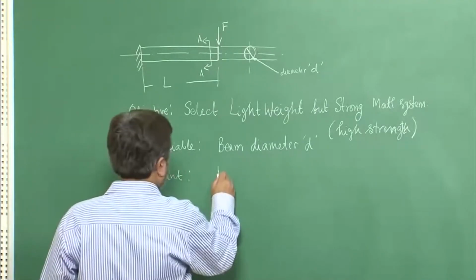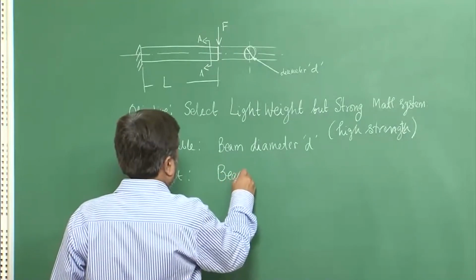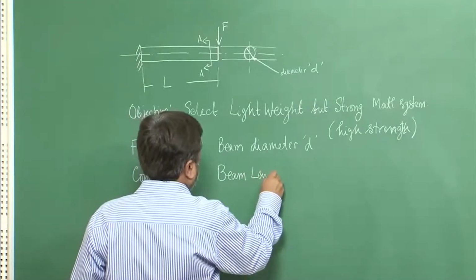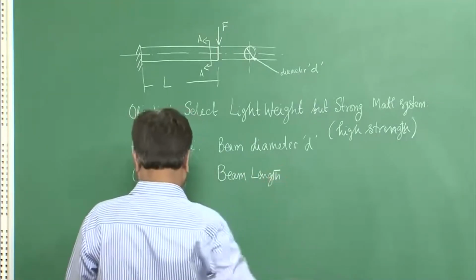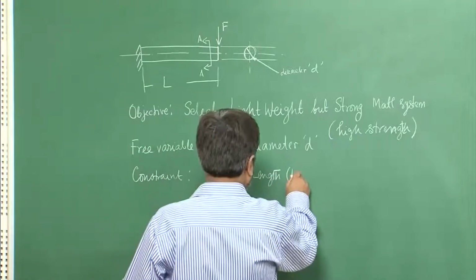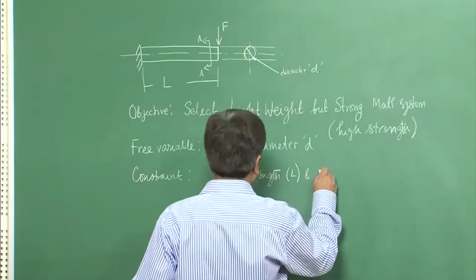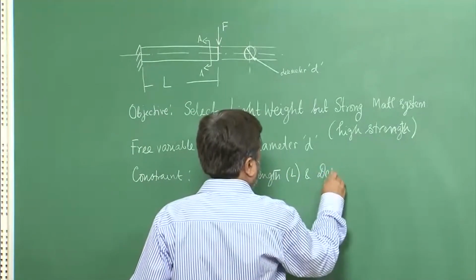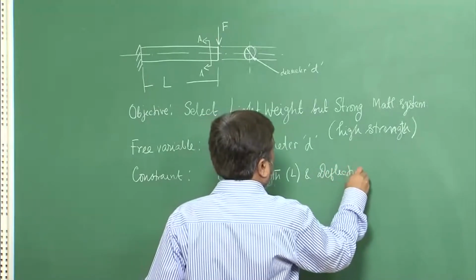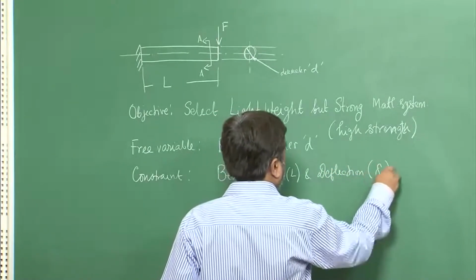Beam length L, and let us say deflection delta. Of course, deflection would not come into the picture in this particular case, but beam length and deflection delta.